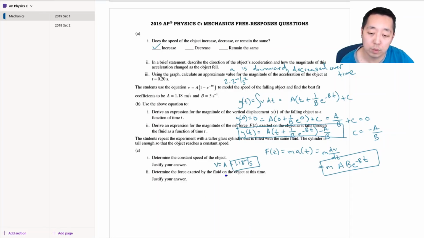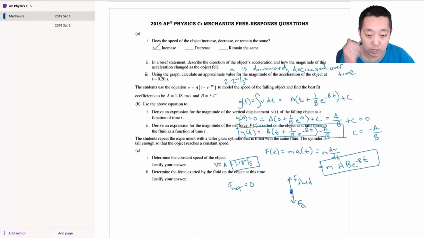Determine the force exerted by the fluid on the object at this time. That would be what happens as t goes to infinity here. Oh, actually, no. The net force. This tells you that the net force will be 0. But this object has two forces: a force of gravity and then a force from the fluid. It's probably drag or buoyancy, I don't know. Let's just say it's some force that's going up.